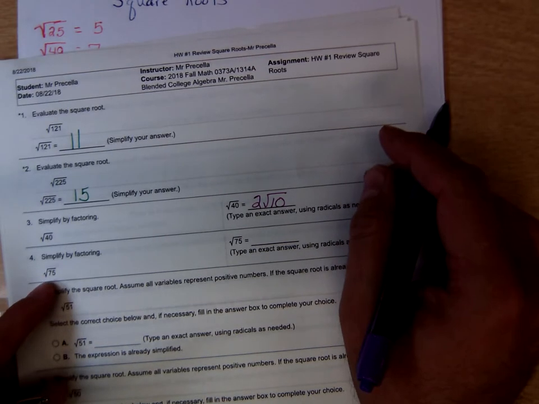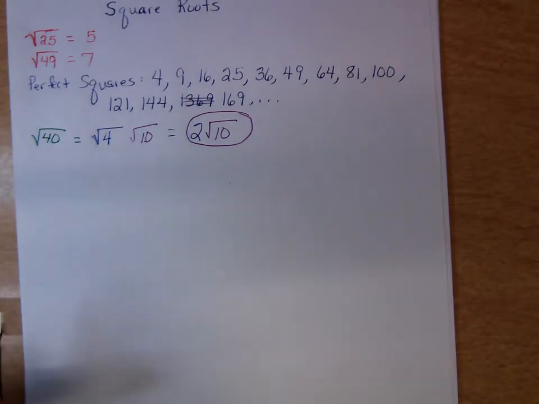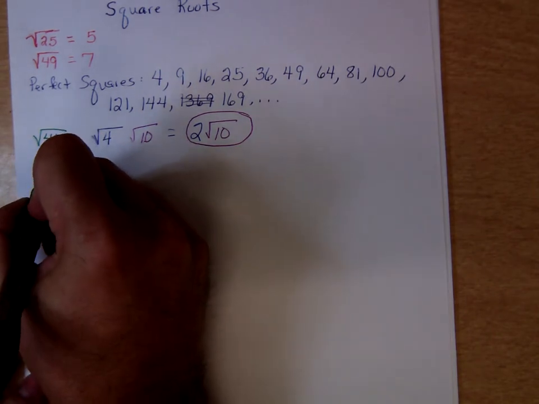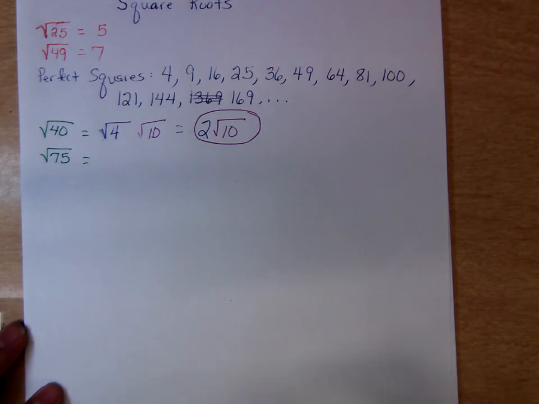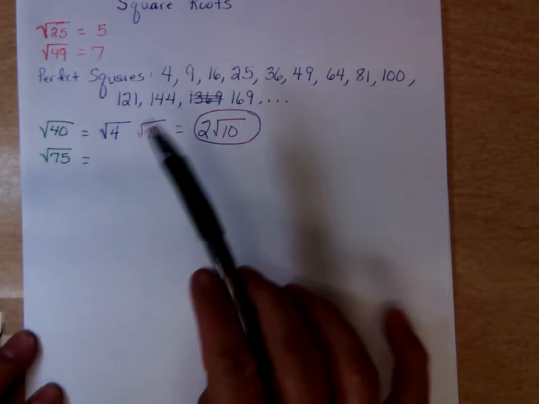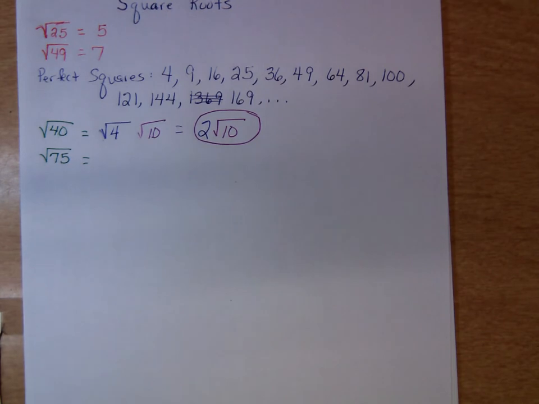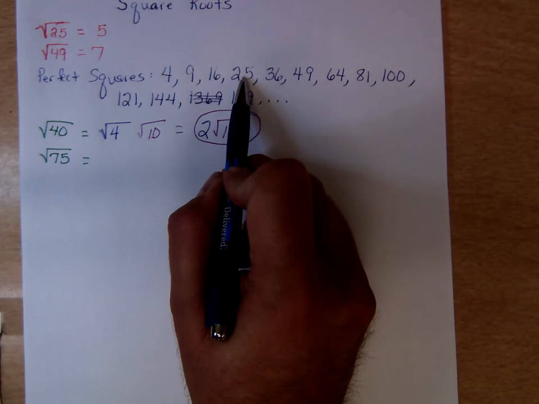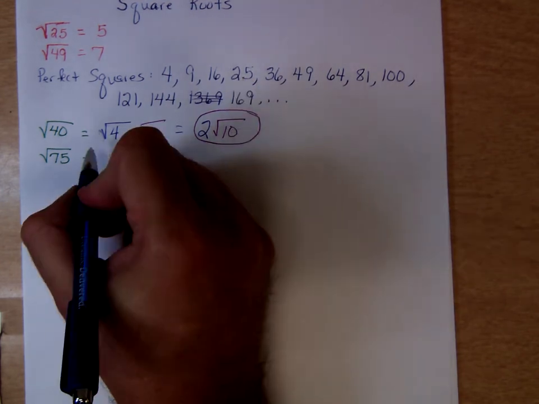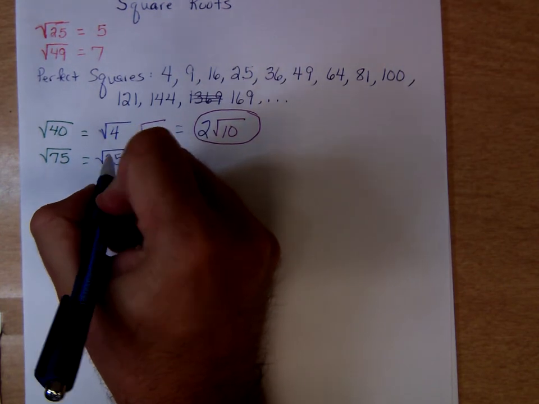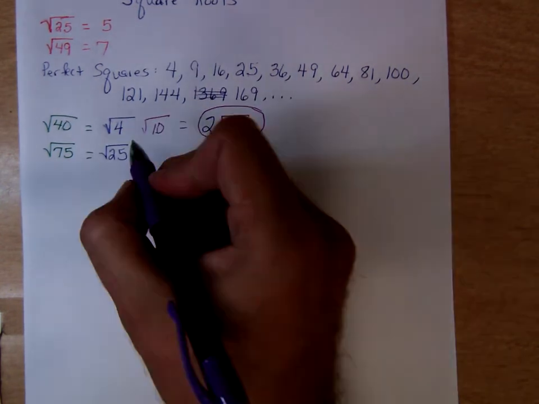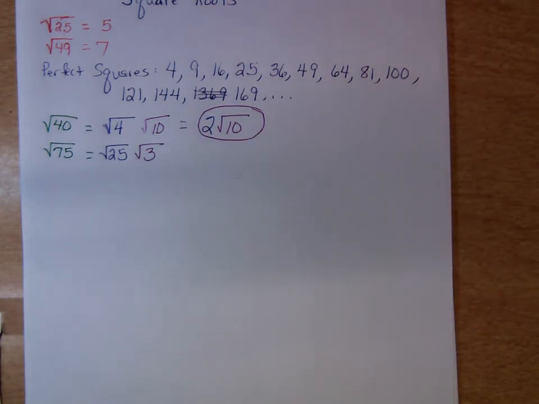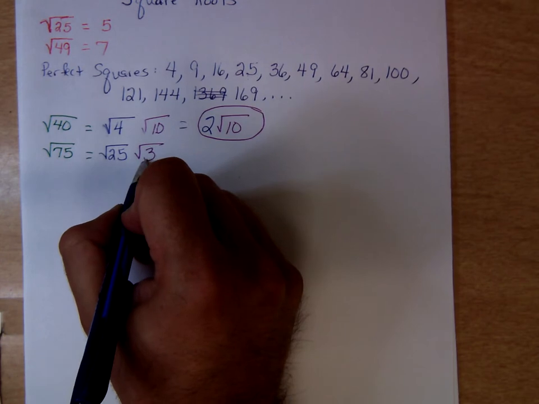Like problem number 4, this next one, what's the square root of 75? Let's look at these perfect squares. I think there's only one of those perfect squares that divides evenly into 75, and that's 25. 25 times 3 is 75.